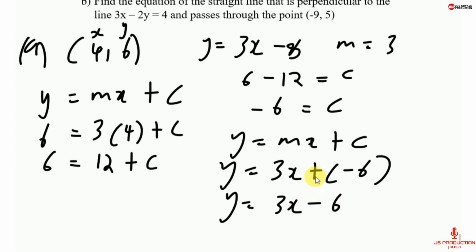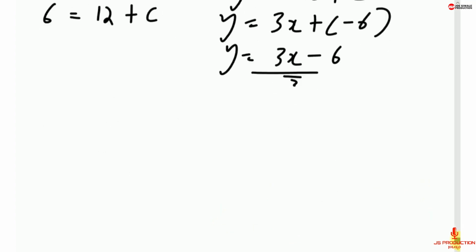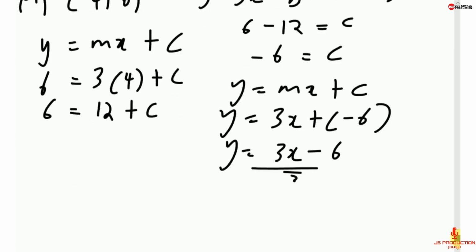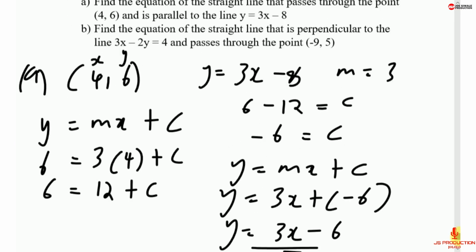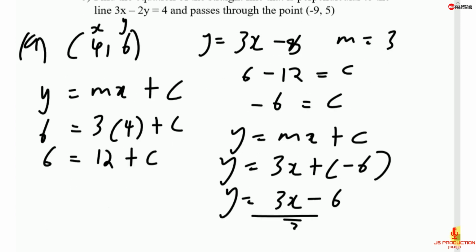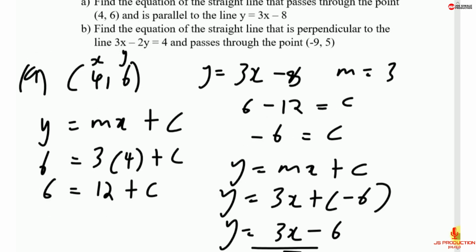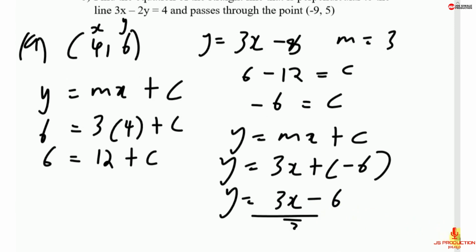Since when we multiply positive and negative, we're going to have negative, so our equation of the straight line will be y is equal to 3x minus 6. So that's our first answer there of A.